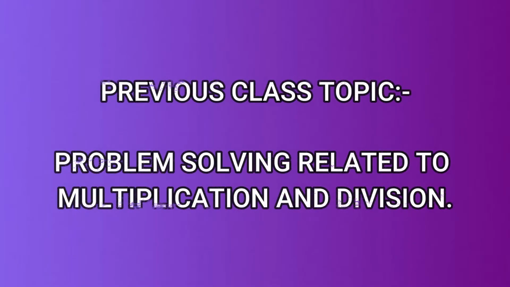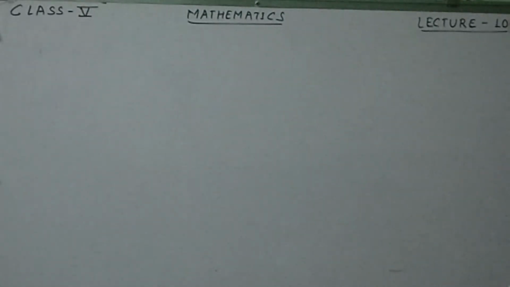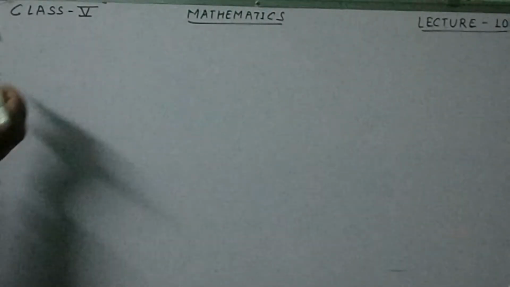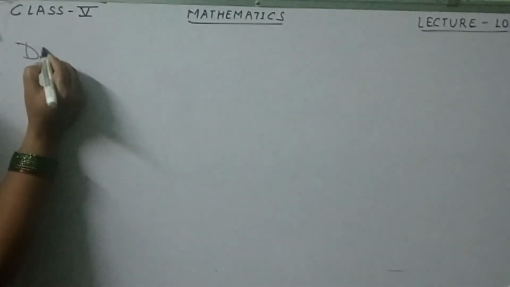Children, in the previous class, I taught you about problem solving related to multiplication and division and gave you one formula: dividend is equal to divisor multiplied by quotient plus remainder. What did I give you?